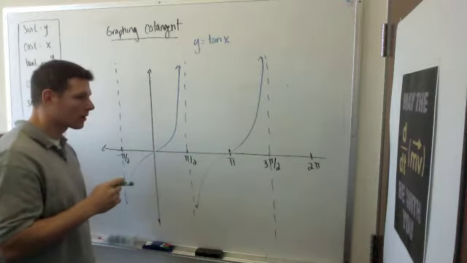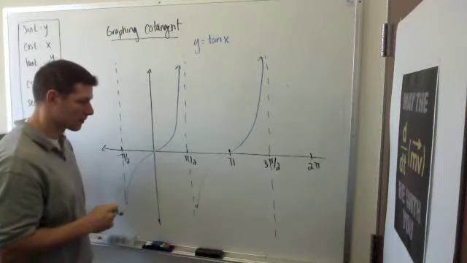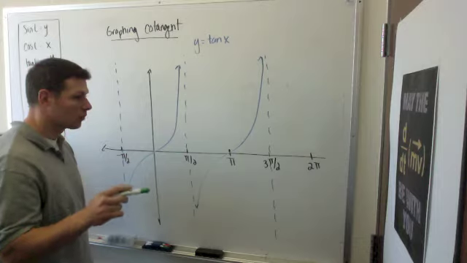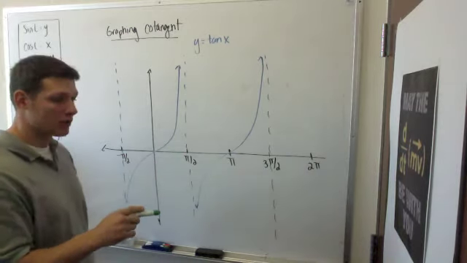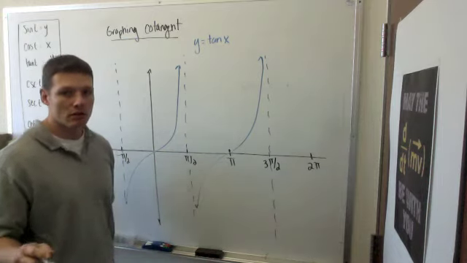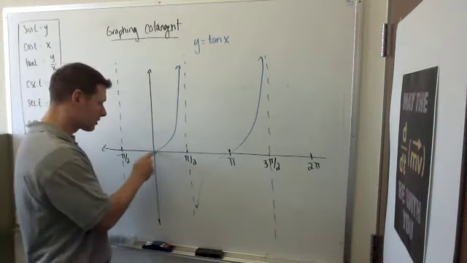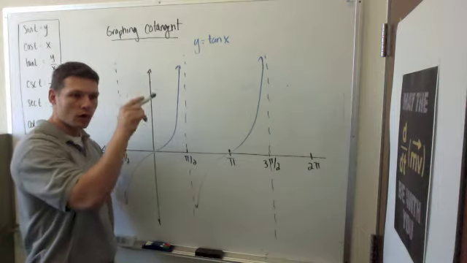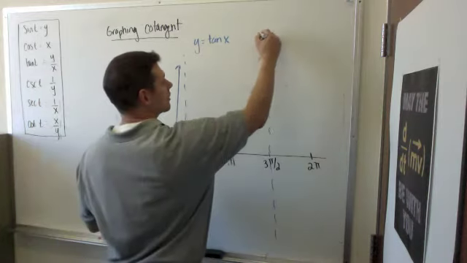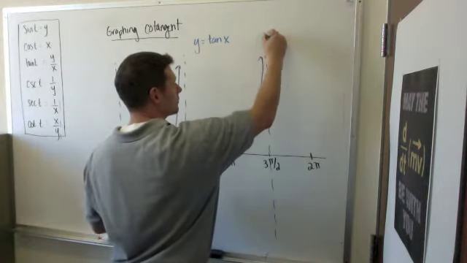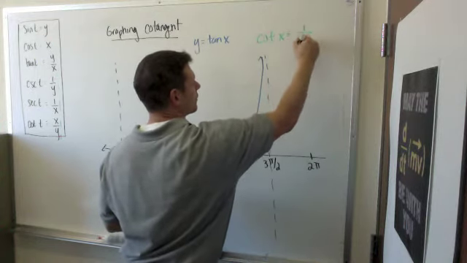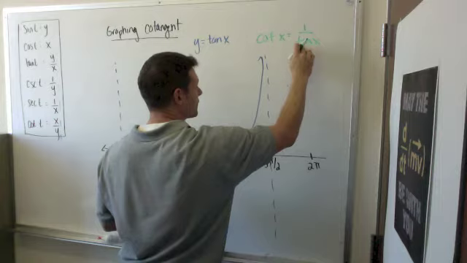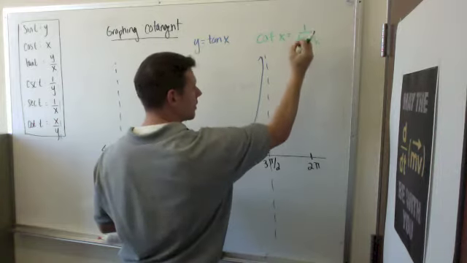What about cotangent of 0? Well, that's 1 over tangent of 0. But what's tangent of 0 equal to? Tangent of 0 is equal to 0, right? Cotangent x is equal to 1 over tan x, so if tangent of 0 is 0, we'll have 1 over 0.